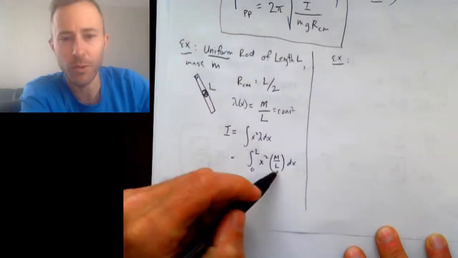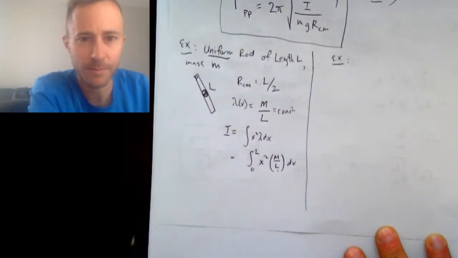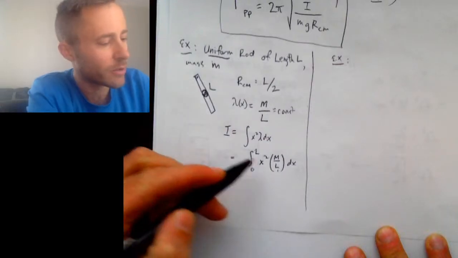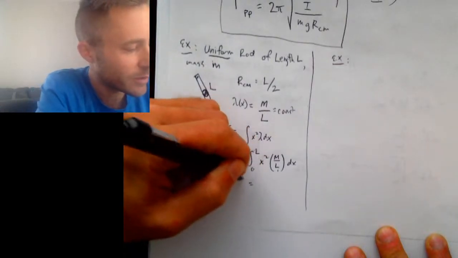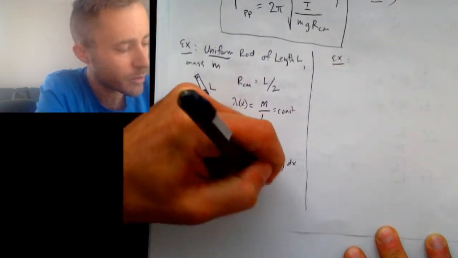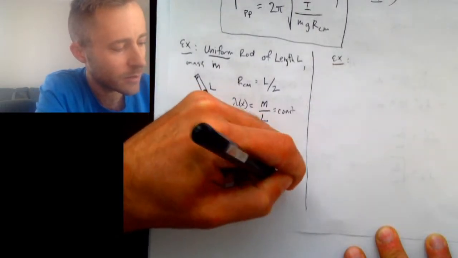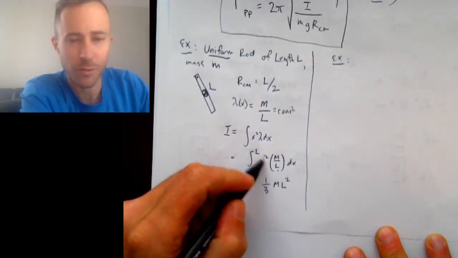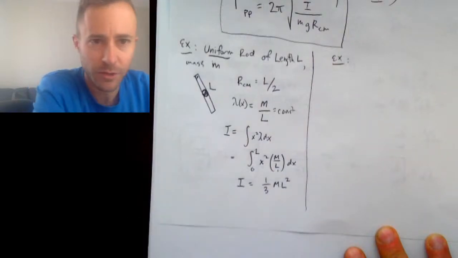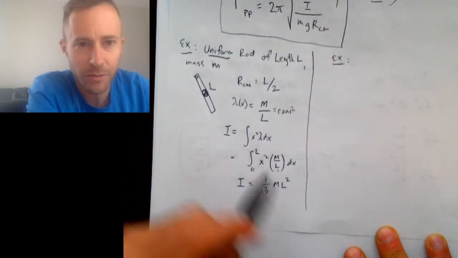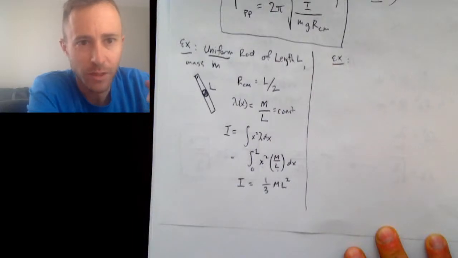So I can just pull that constant out if I want to. And when I do the integral, I get that my inertia is 1/3 m L squared, because the integral of x squared is 1/3 x cubed, and then this L cancels out a factor.